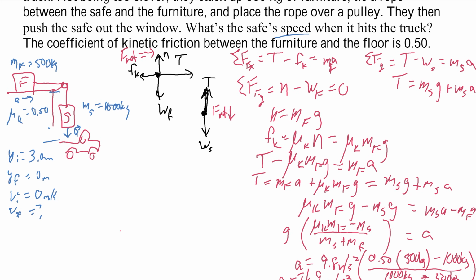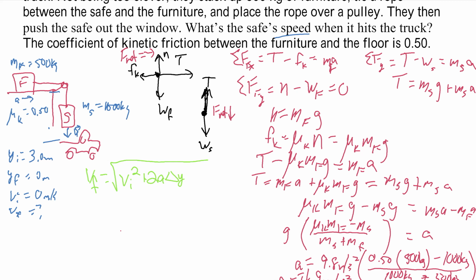We will have, let's see, what's this color? Okay, so we have Vf equals square root of Vi, which is 0, squared plus 2 acceleration delta y. Okay, and the initial velocity is 0.